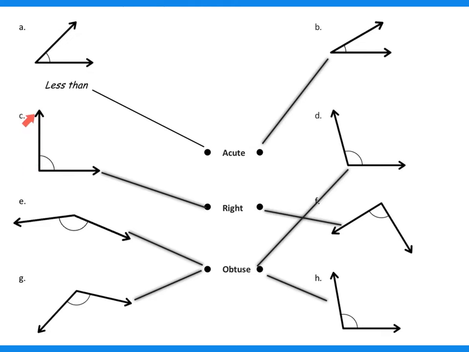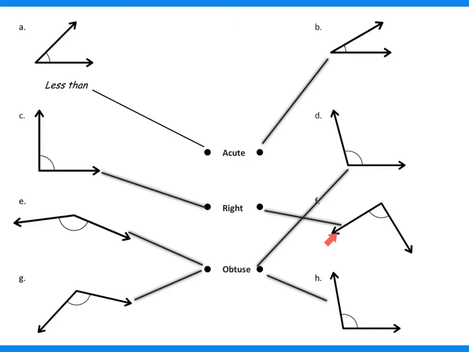C is straight up and down, meaning it's a right angle. D is more to the left than up and down, so it's an obtuse angle. E is definitely wider than a right angle, so it's an obtuse angle.